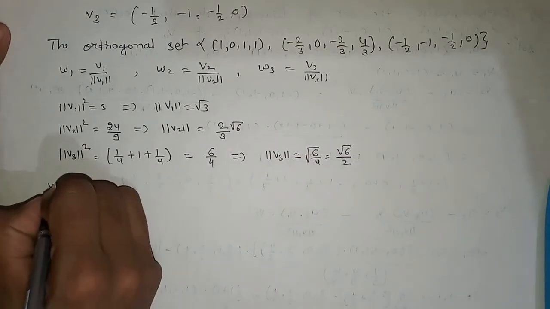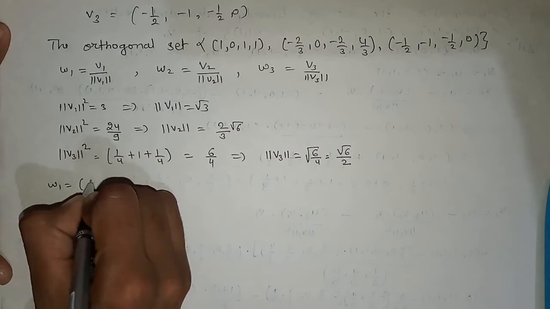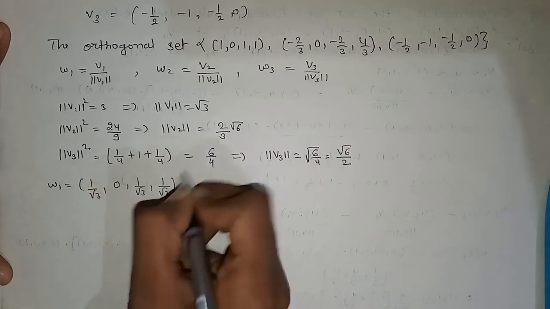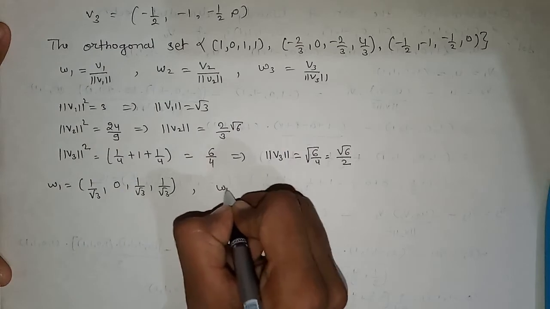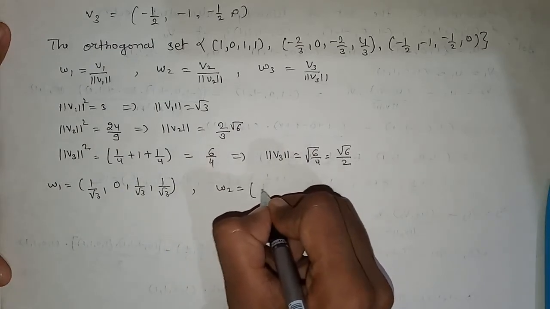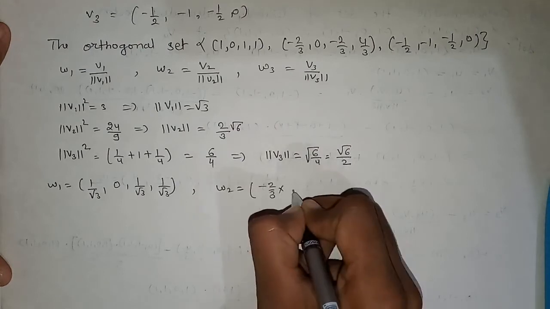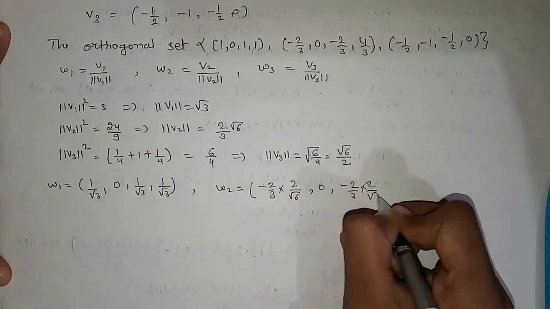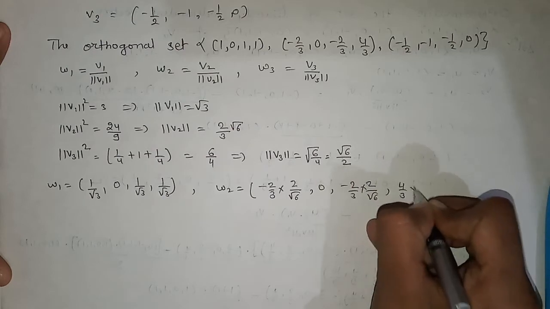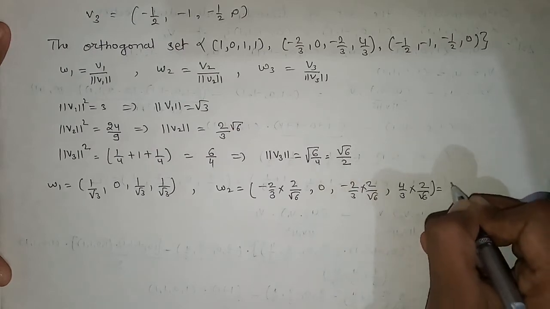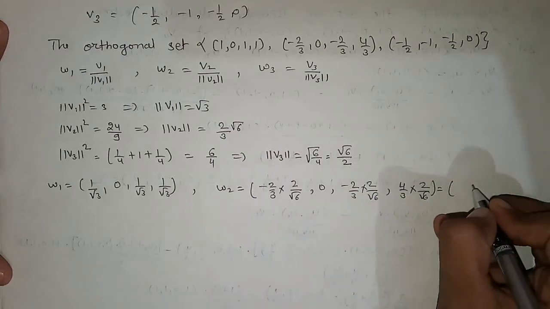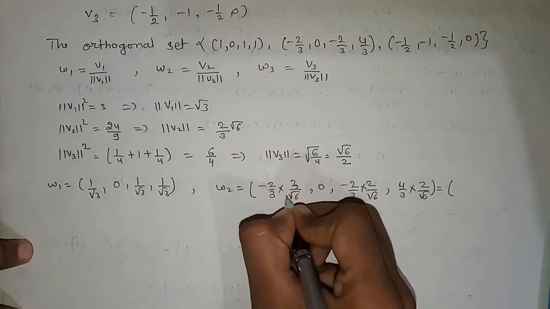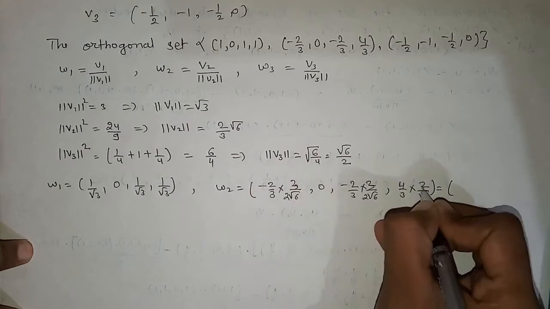Now W1 is equal to (1 upon root 3, 0, 1 upon root 3, 1 upon root 3), because W1 is V1 upon norm of V1, and W2 is equal to V2 upon its norm, which is equal to (-2/3 into 3 by 2 root 6 ... 0, -2/3 into 3 by 2 root 6, and 4/3 into 3 by 2 root 6).